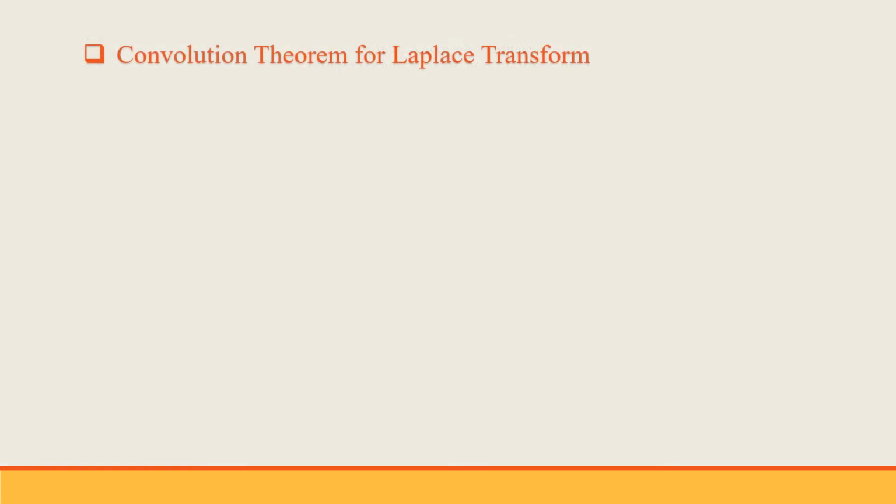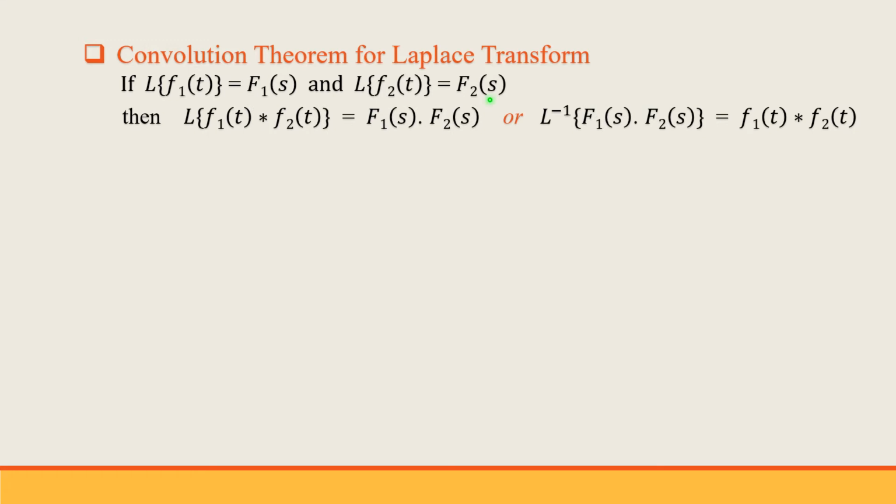So, according to the convolution theorem of Laplace transform, if the Laplace transform of f1(t) is capital F1(s) and the Laplace transform of f2(t) is capital F2(s), then the Laplace transform of the convolution of the two functions f1(t) and f2(t) is equal to the multiplication of their Laplace transforms.